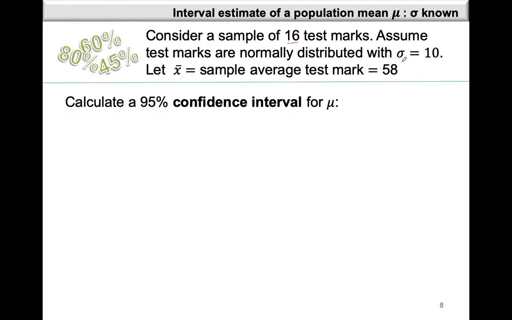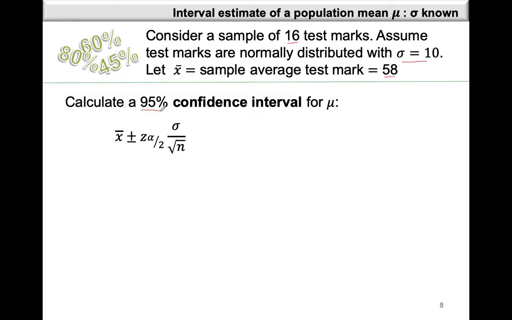Sigma is equal to 10, so sigma is known in this case, and x bar is equal to 58. So if we're constructing a 95% confidence interval, then our confidence coefficient is 0.95, and our level of significance is 1 minus 0.95, which is 0.05.